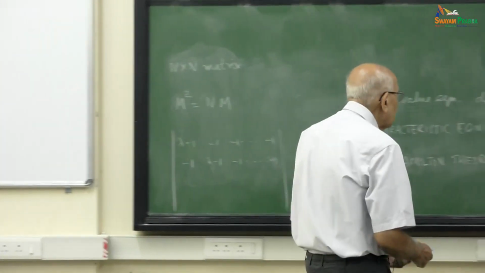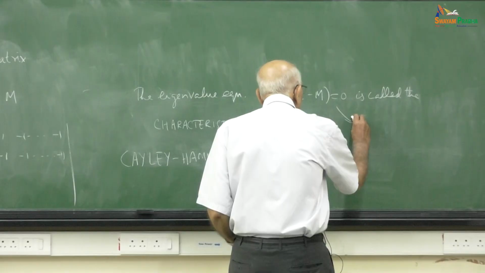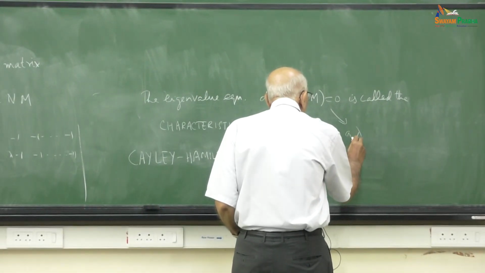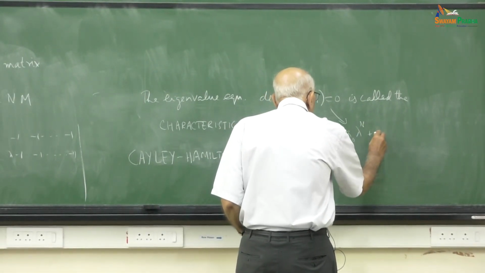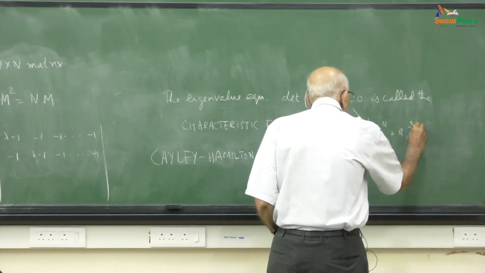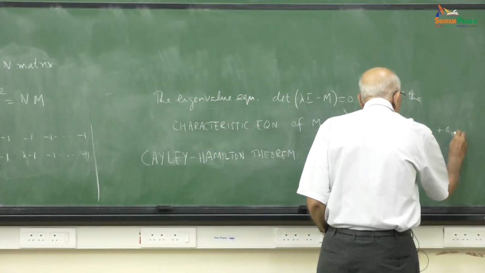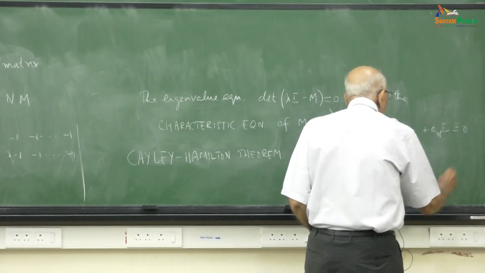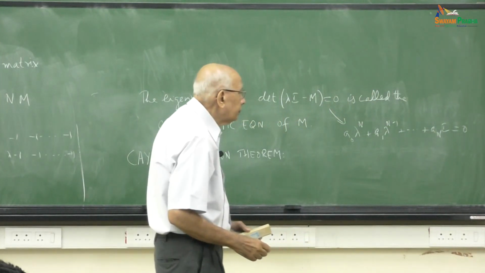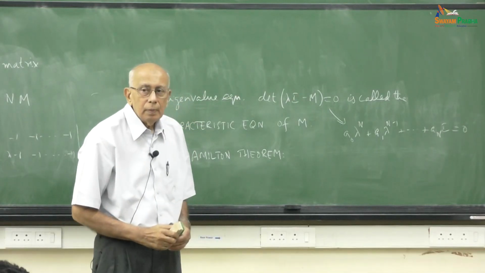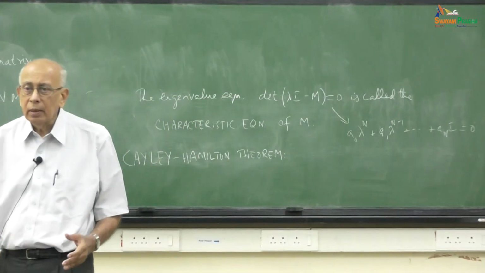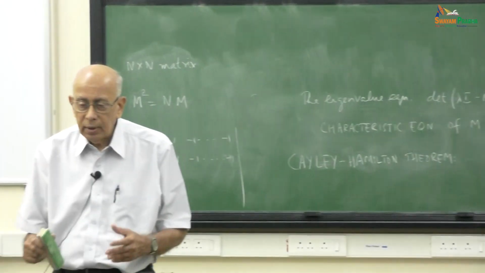N itself. So this equation will be of the form a naught lambda to the power n plus a1 lambda to the n minus 1 plus dot dot dot plus an I equal to 0. Guaranteed. It's a polynomial equation of order n. That's why there are n roots.